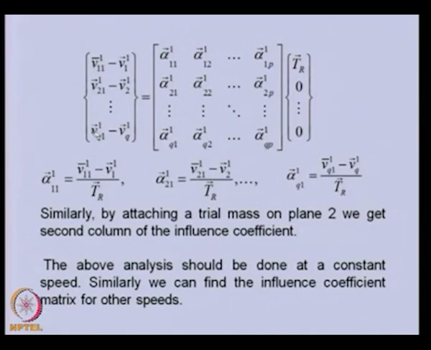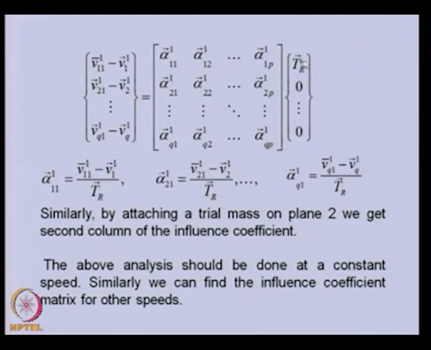this is the response corresponding to the trial mass. This is without trial mass. So, because we have taken only the first Q number of equations from that, we will get these differences. This is common because the influence coefficient is not changing with the trial mass.